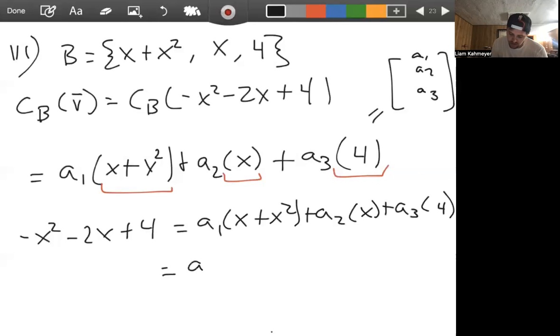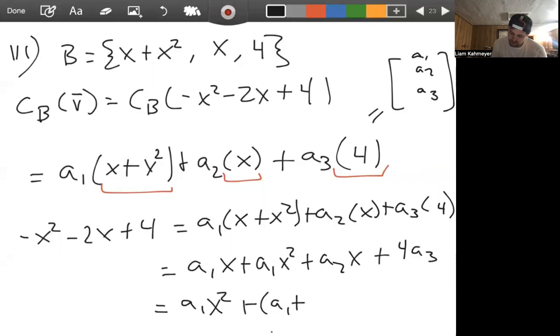Well, this gives us a1x plus a1x squared plus a2x plus 4a3, which gives us a1x squared plus (a1 plus a2)x plus 4a3.